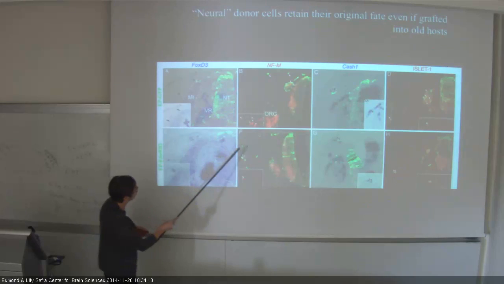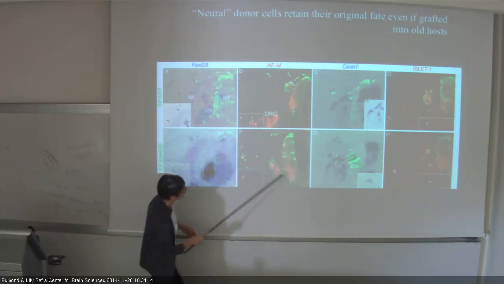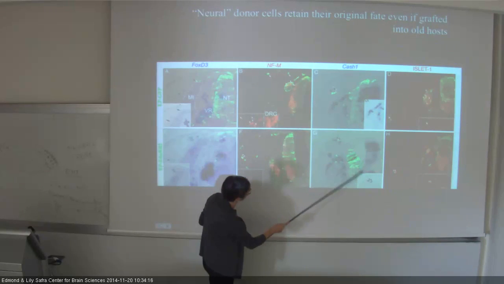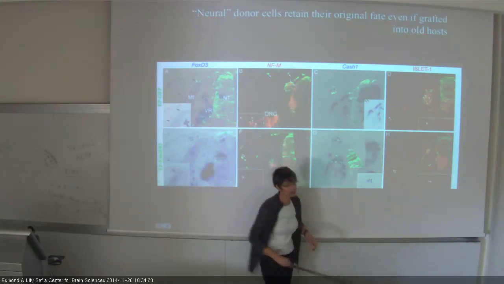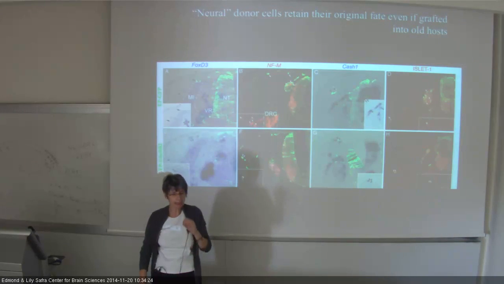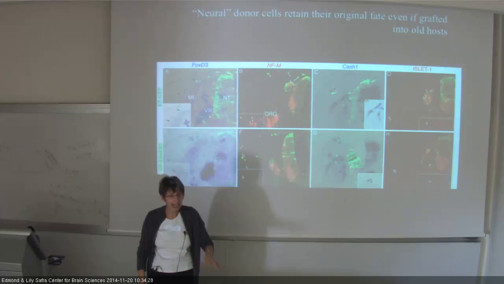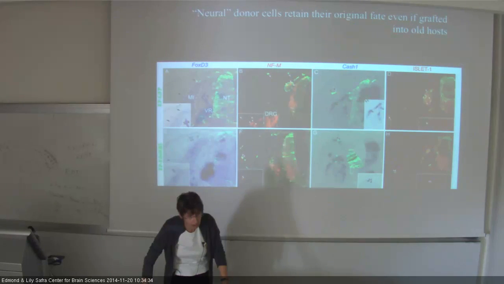They express FOX, they express neurofilament, these ones, they express also CASH1, and they express islet. So this means that even after forcing the cells, no matter what the time is, even under the best condition of melanogenesis, neural progenitors are fate restricted because of intrinsic reasons, not because the environment dictates their fate.